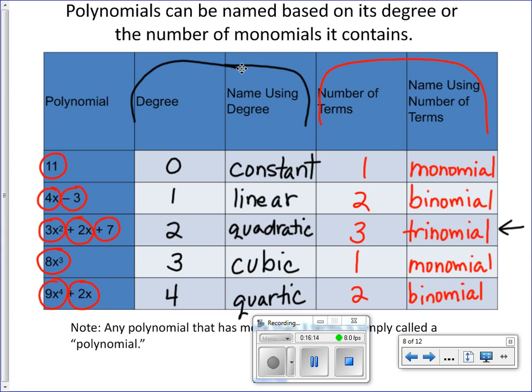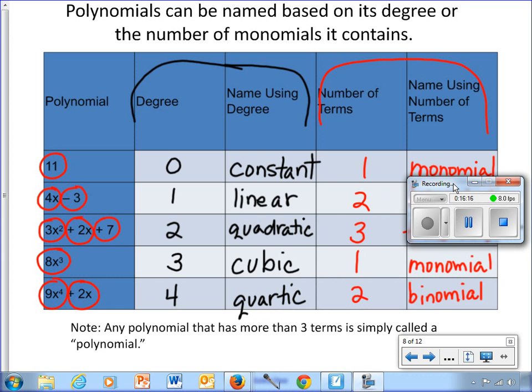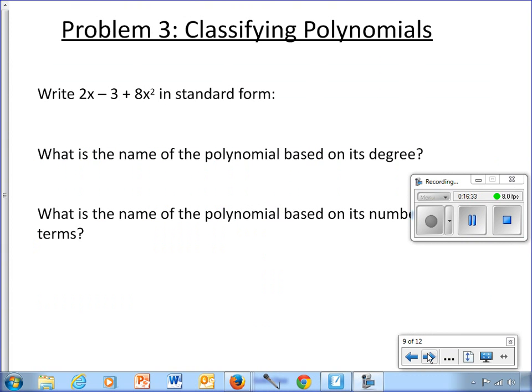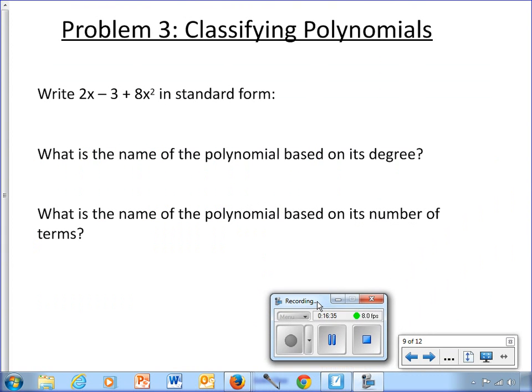Now, please note at the bottom, any polynomial that has more than three terms is simply called a polynomial. So we don't have interesting names for polynomials that have more than three terms. All right, so let's classify.